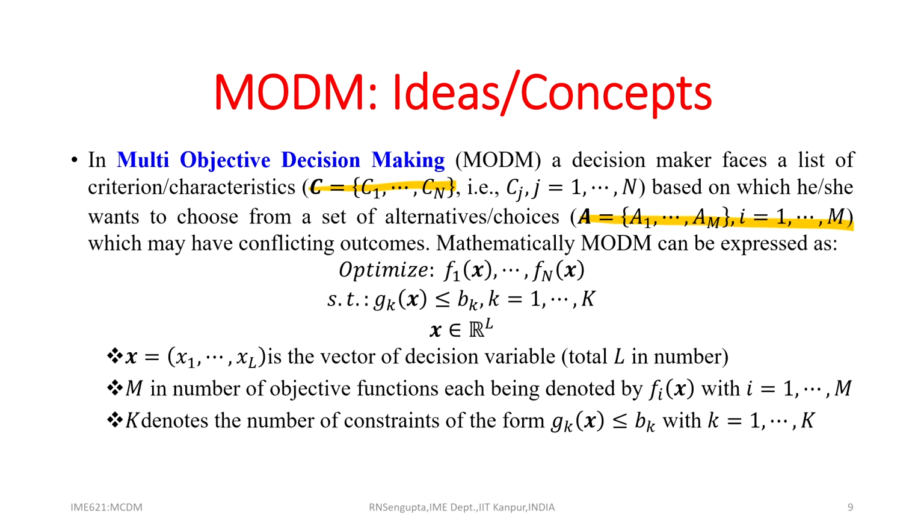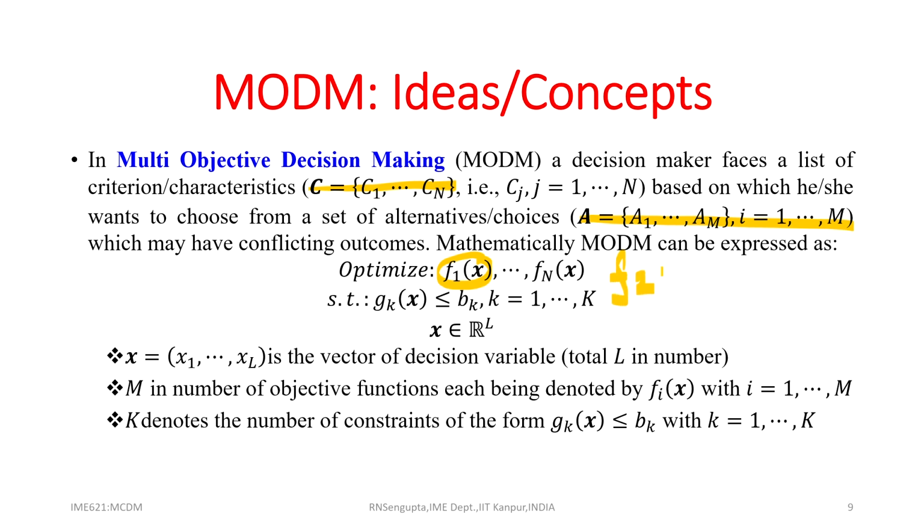Mathematically, MODM, which is multi objective decision making, can be written as follows. So, you have different multi objectives. The first objective is F1. Next, which is not written here, you will have F2.